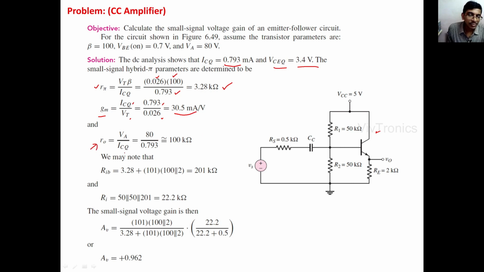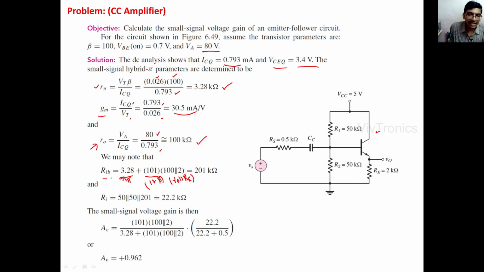The small signal output resistance will be equal to VA divided by ICQ. The Early voltage was given as 80 divided by ICQ. We got it as 100 kilo ohms. RIB is the input resistance, which will be equal to R pi plus 1 plus beta into R naught parallel RE.